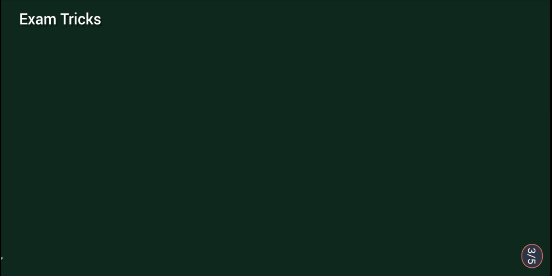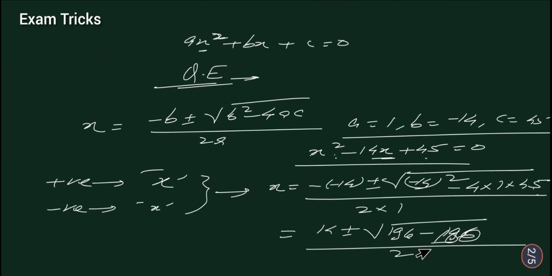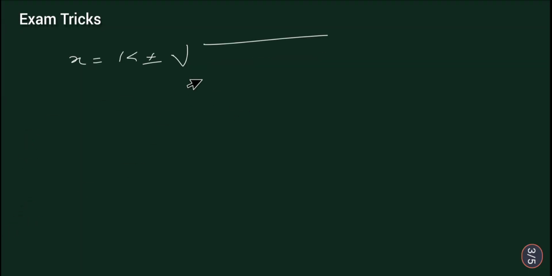So x is equal to 14 plus minus square root of 196 minus 180, that is 16, divided by 2.